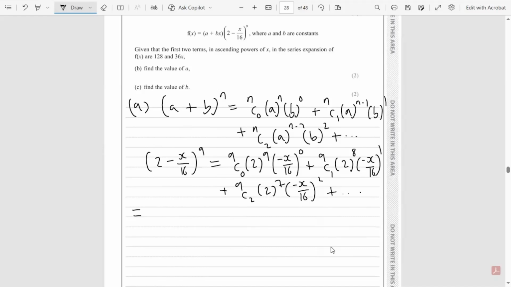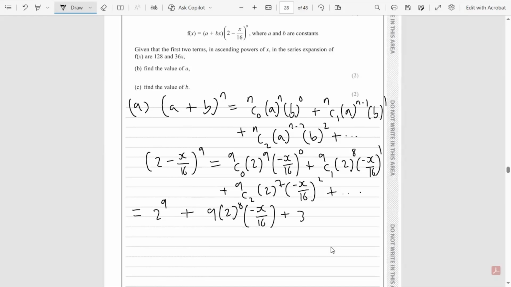So 9 choose 0, that's 1. So 1 times 2 to the power of 9, and then obviously anything to the power of 0 is 1. So that first term is literally 2 to the power of 9. Then we have 9 choose 1, which if you work that out on the calculator will be 9, and then times 2 to the power of 8, and then this minus x over 16 for the next term. And then 9 choose 2, I'm just going to use my calculator to work out 9 choose 2, and 9 choose 2 would be 36.